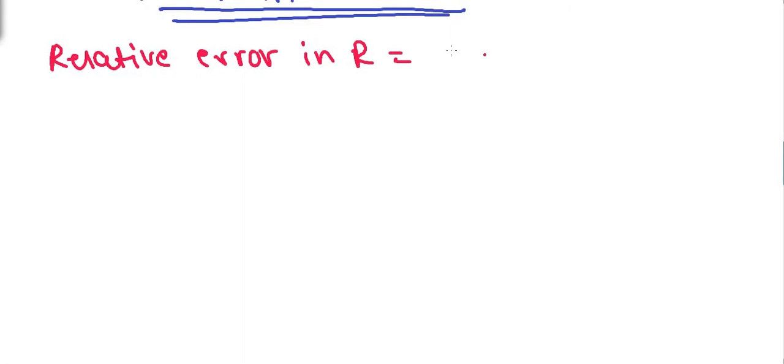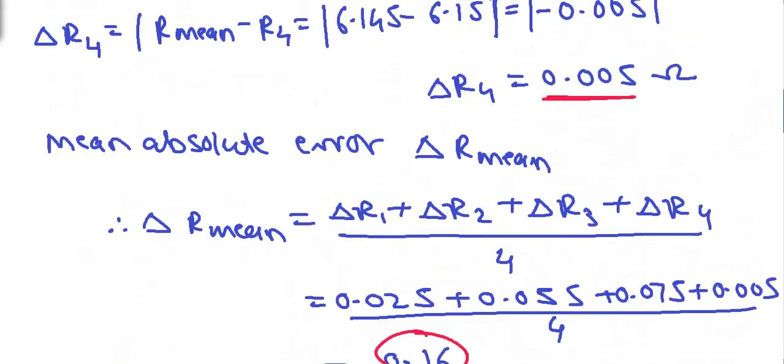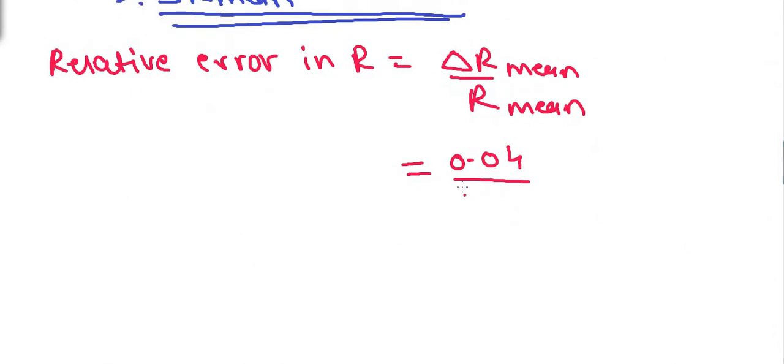Relative error in resistance equal to delta R mean upon R mean. So that is equal to delta R mean, 0.04, divided by R mean, the value of R mean is 6.145, and so we get that is equal to 0.00651.